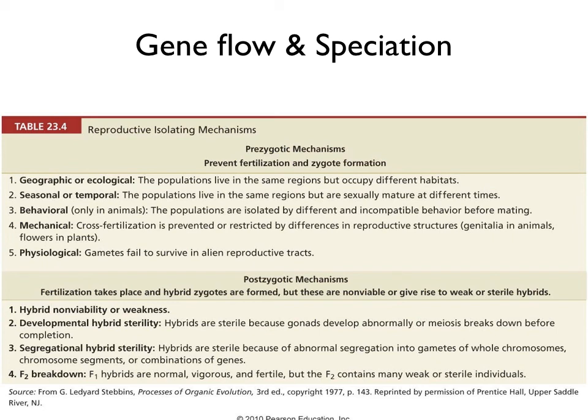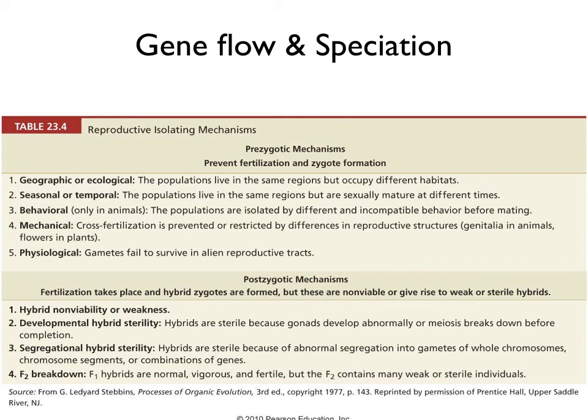And then there are physiological prezygotic mechanisms whereby the gametes just fail to survive, right? If you put a gamete from species A into the oviduct, the female reproductive space of a different species, if the chemistries aren't properly aligned and compatible, then that sperm might just basically be dissolved or expelled.